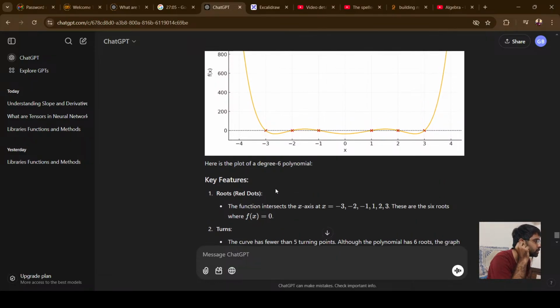Here's the plot of this degree polynomial function over an interval.